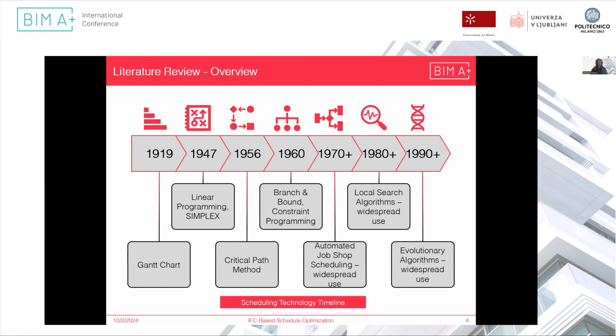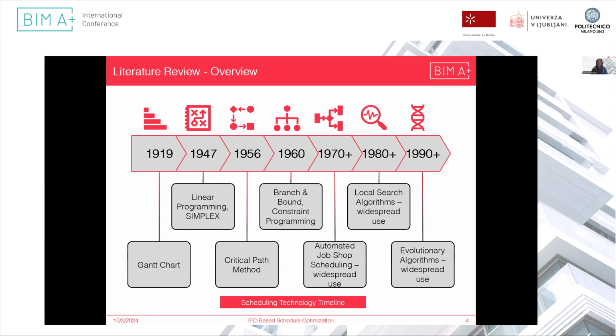In the second half, computers started coming into being, and algorithms were used to try and solve problems more and more. So we began with simple methods like branch and bound, constraint programming, and local search algorithms.